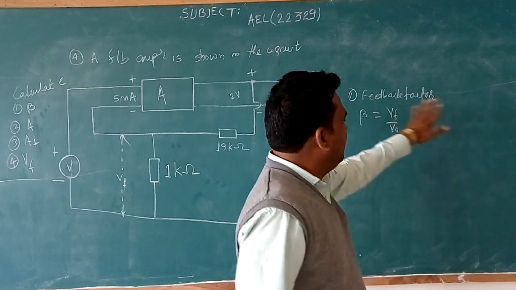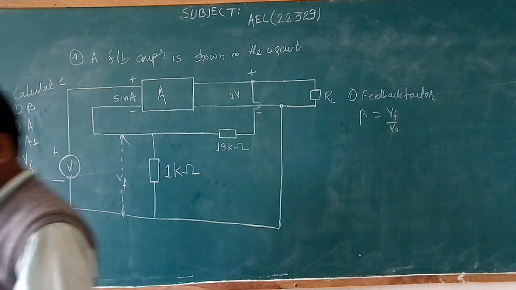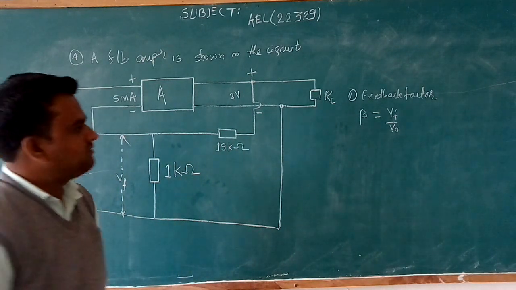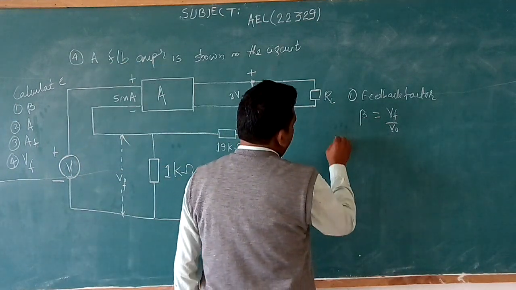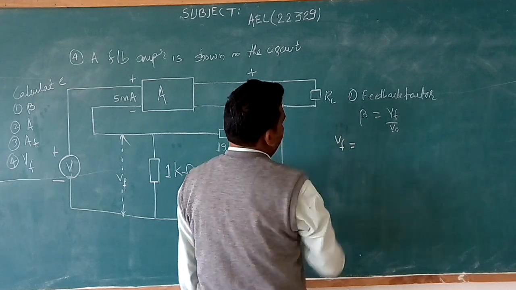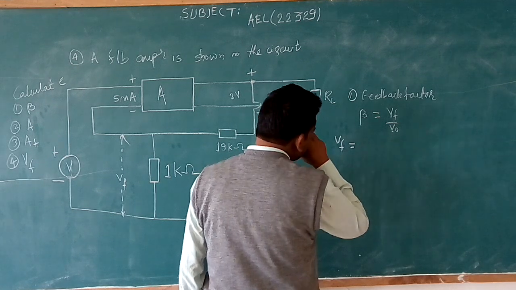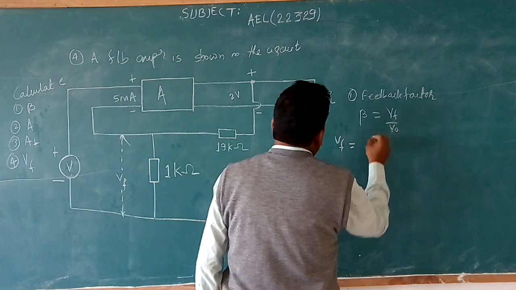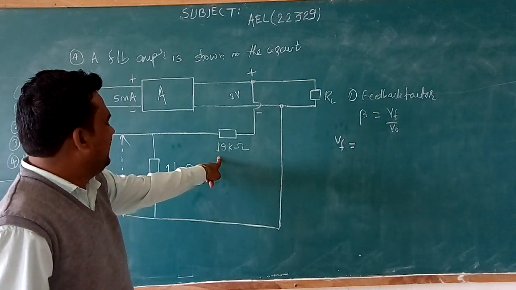First of all, we will find the feedback factor. How can we find the value of the feedback factor? Beta equals Vf by V0. Therefore Vf equals, from this circuit, this one is 1K and this one is 19K.